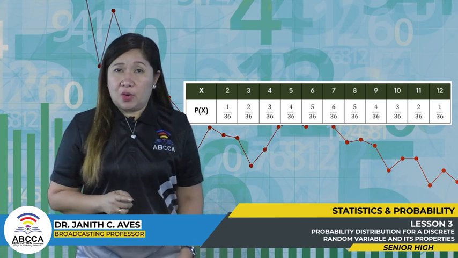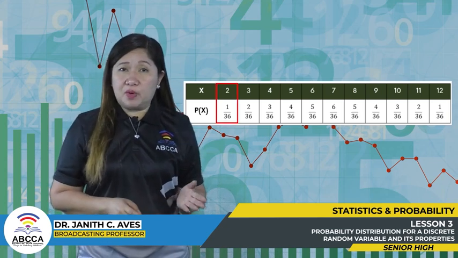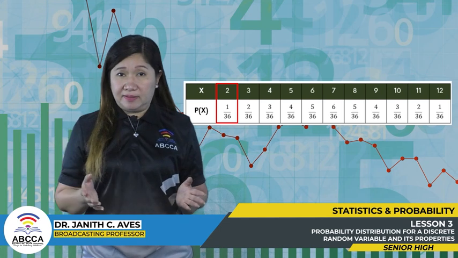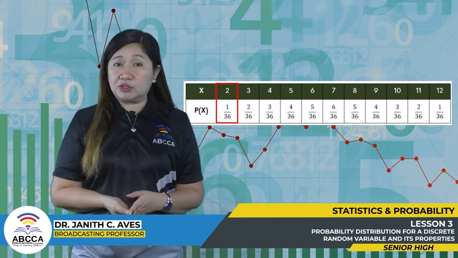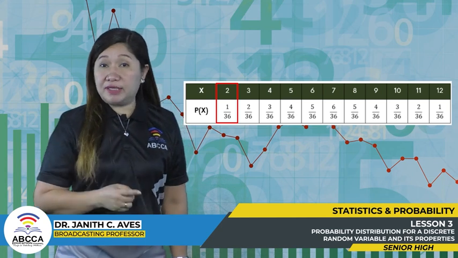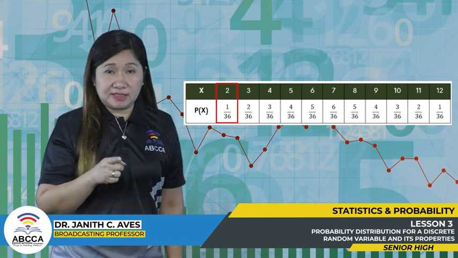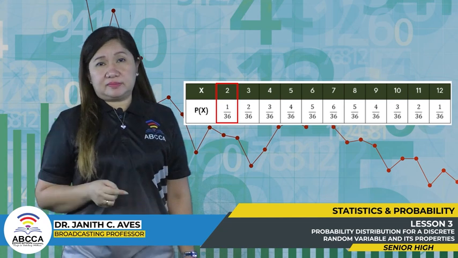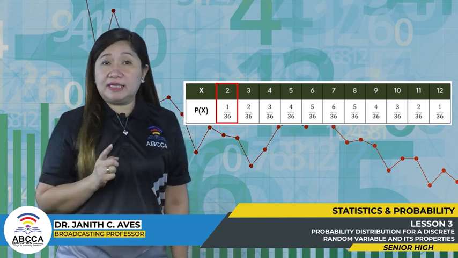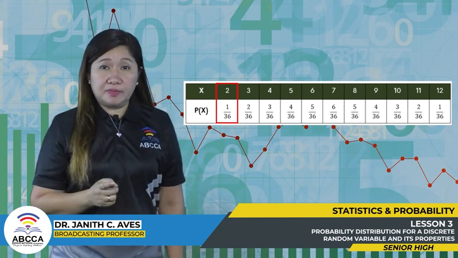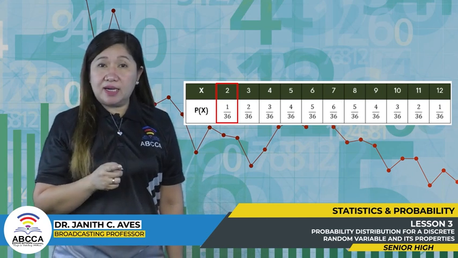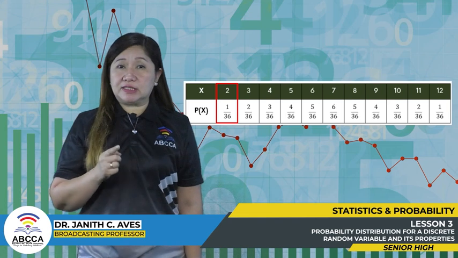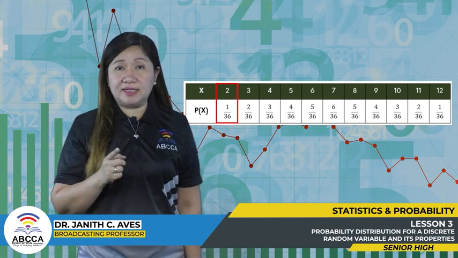And that is when we get 1 in both die A and die B. Since there are 36 possible outcomes, our denominator is 36. Therefore, the probability of getting an outcome which has a sum of 2 is 1 over 36.